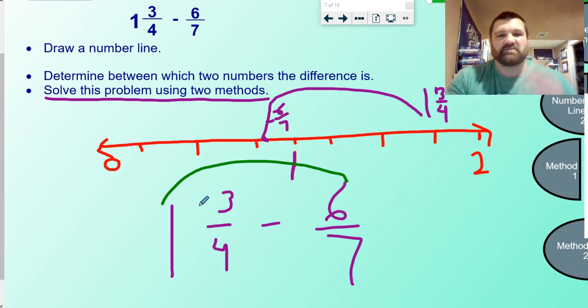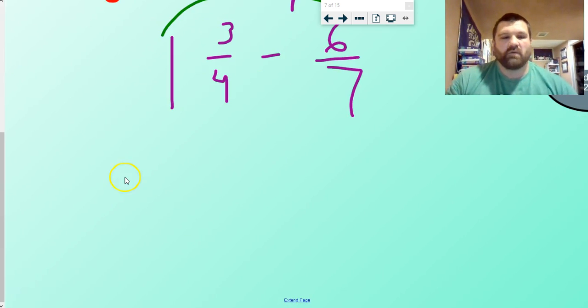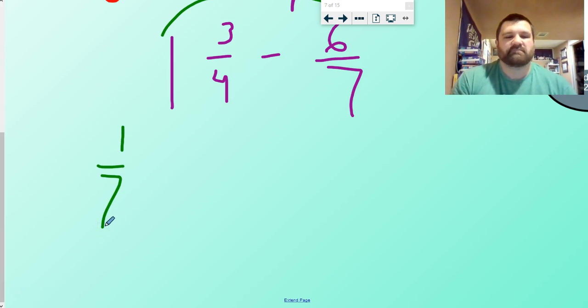It just depends on how many times you're going to dice it up, right? So 1 minus 6/7 would be what? 1/7, right?